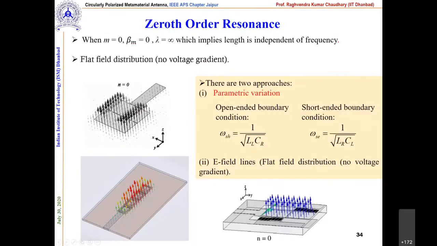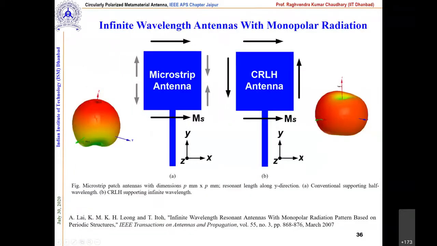Mainly, if you see the ZOR, it will provide you only a directional radiation pattern. If you compare with the patch antenna, only two sides are contributing in the far field. On the other hand, in the CRLH antenna, all sides are contributing. It means a circulating magnetic surface current, and you are getting the radiation pattern like this, correct.